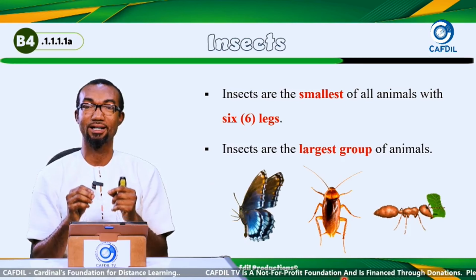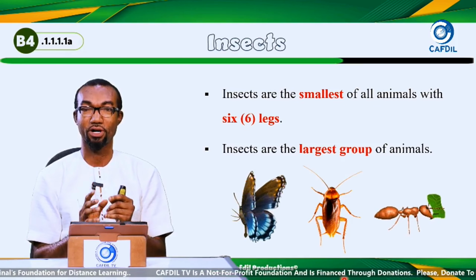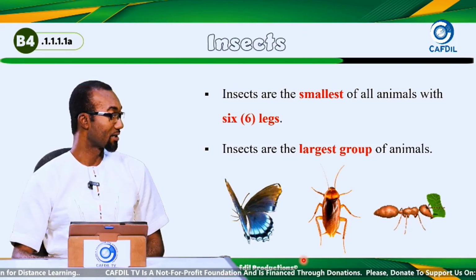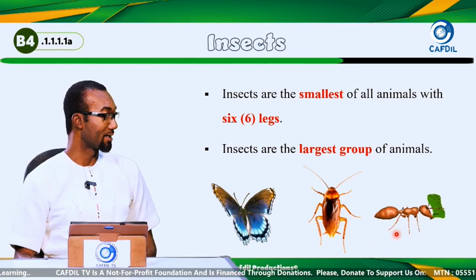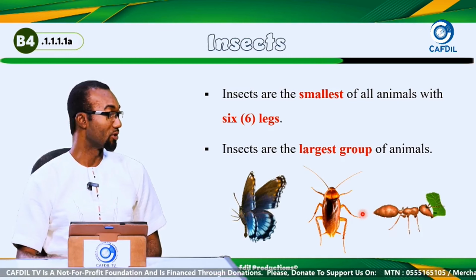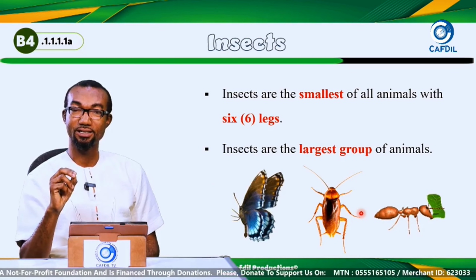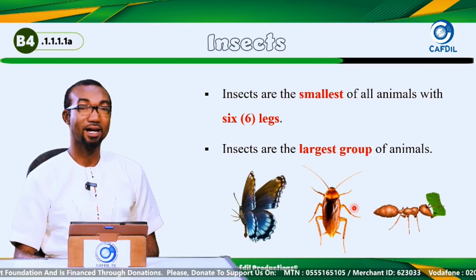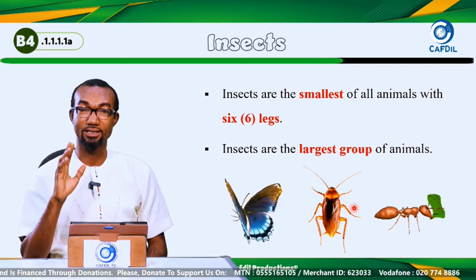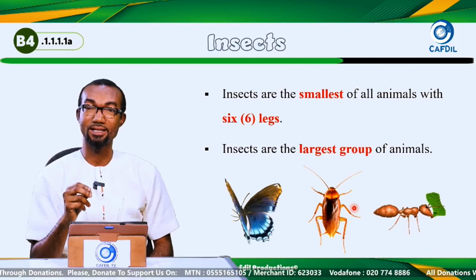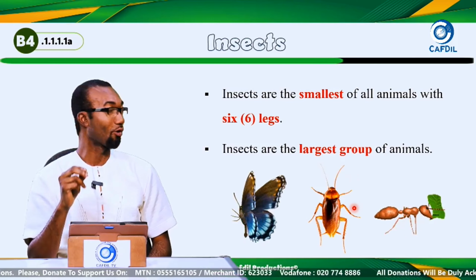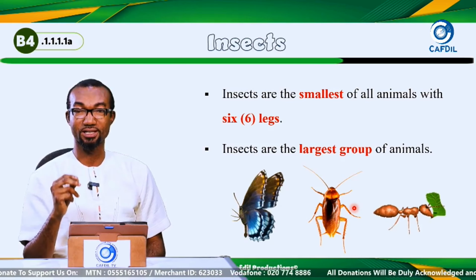So insects are the largest group of animals. So all these animals you see here are insects. Why do we call them insects? Because one of the features they possess is that they have how many legs? 6 legs. So remember that insects are the smallest of all animals with 6 legs.